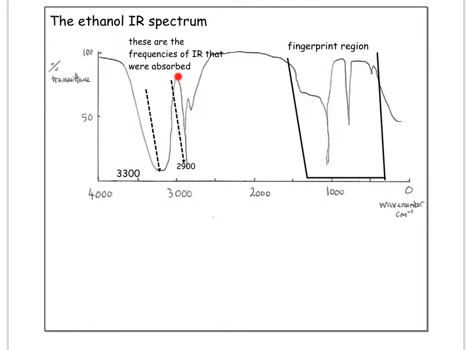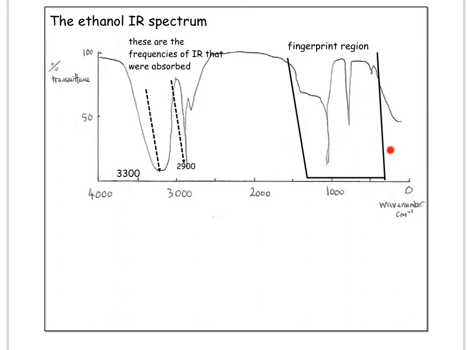We actually call this a peak, even though it's a trough. A peak at around 3,300. That's 3,500 there, 3,000. That's a very broad peak, and there's a very sharp peak at 2,900.